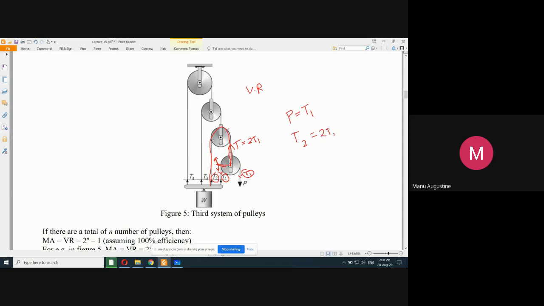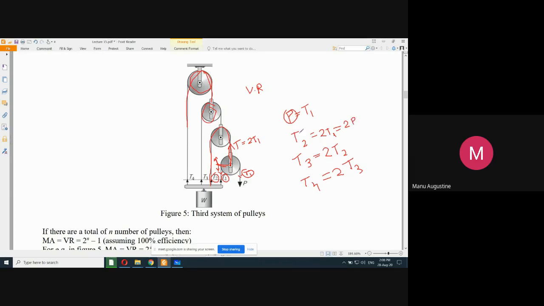अब यही लॉजिक मैं अगर इस पुली पे लगाऊं तो मेरे को मिलेगा T3 is equal to 2T2. And similarly, if I apply this on this pulley and this thread, then I get T4 is equal to 2T3. Now you start substituting this P in place of T1. तो अगर मैं T1 की जगह पर P रखूं तो ये कितना आ गया 2P.